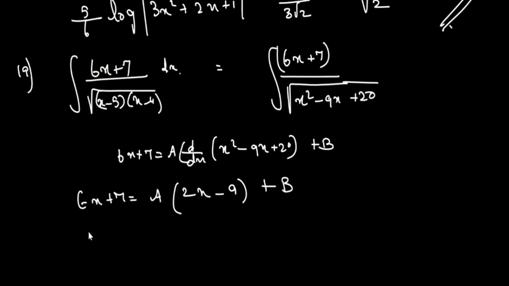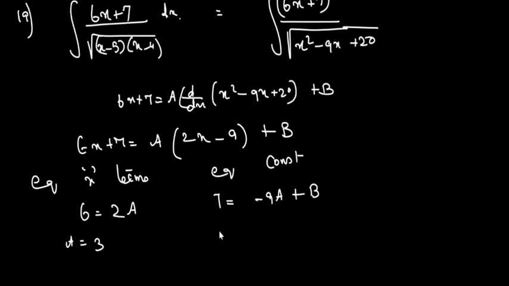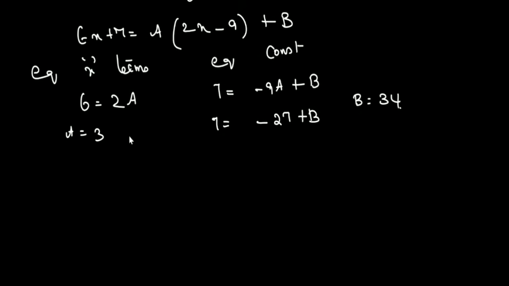Equate the x terms: 6 is equal to 2a, so a is 3. Equate the constant: 7 is equal to minus 9a plus b, so 7 is minus 27 plus b. So b is 34.